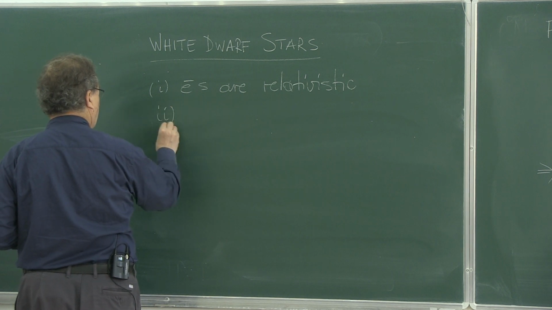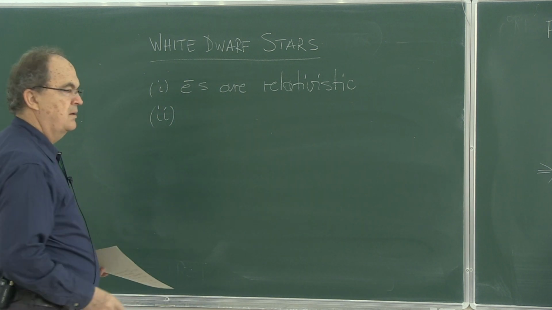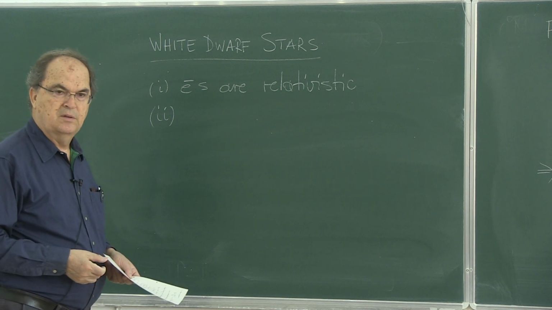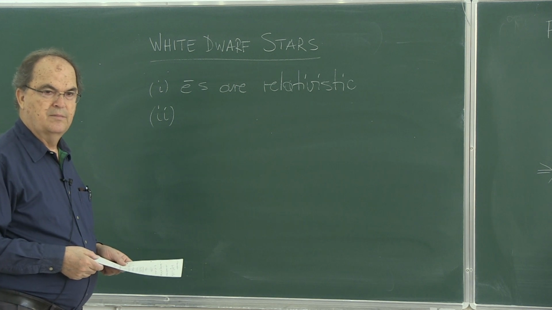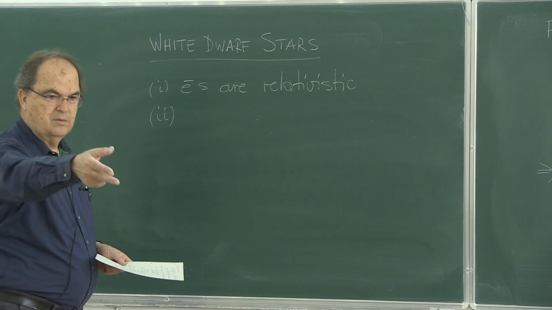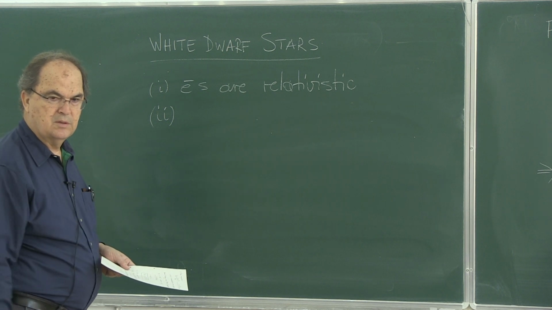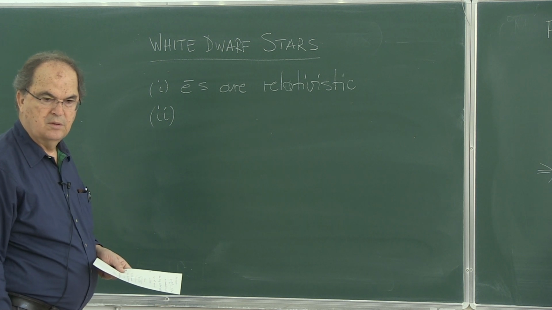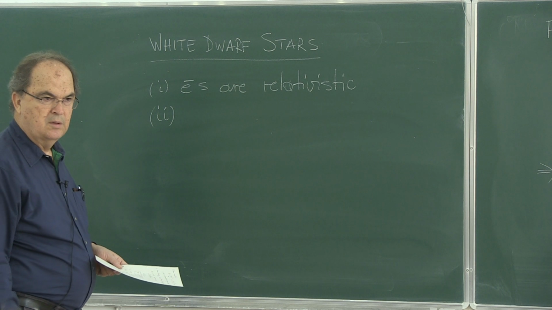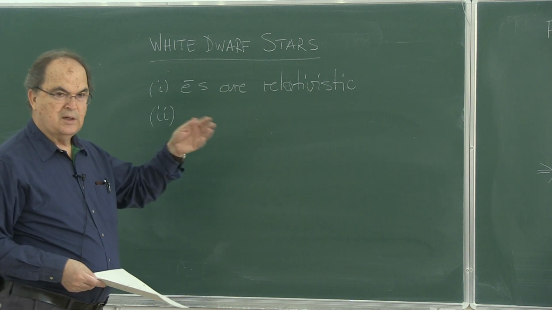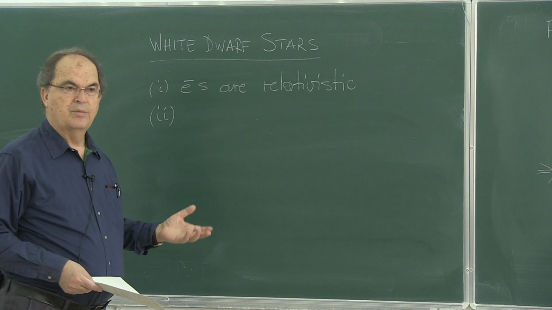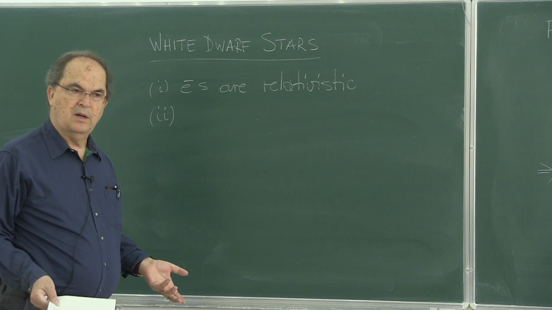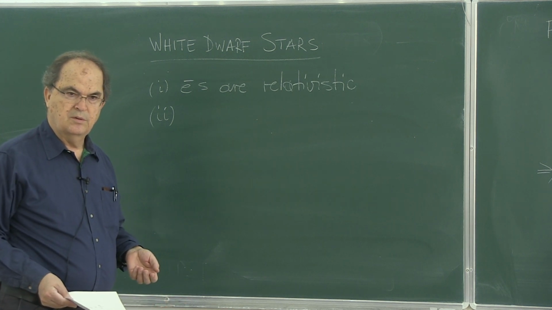Well, looking at TF and the effective temperature, what was it, 10 to the 7? What was the electron effective temperature? 10 to the 7. So you have 1,000 times more for Fermi temperature. That means effectively your electron gas is at T equals 0.